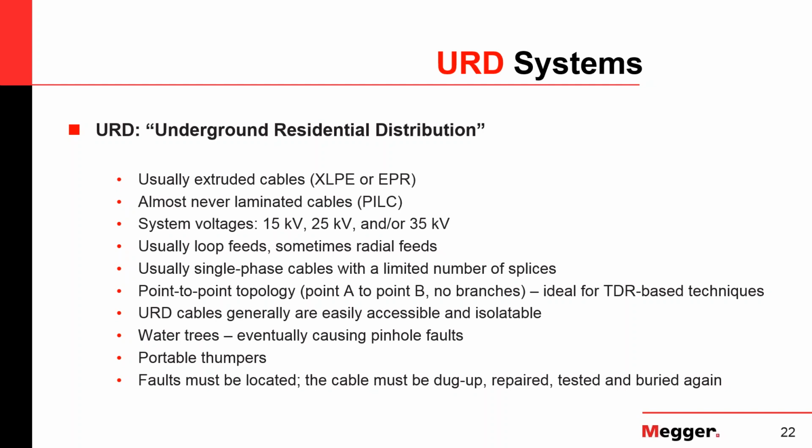So the URD systems are ideal for radar or TDR-based technologies because there are no problems with the signals being split up into the branches. Also, compared to any downtown network, URD systems are generally easy to access and fairly easy to isolate. The main failure mode for plastic cables, as it turned out over the decades, are so-called water trees.